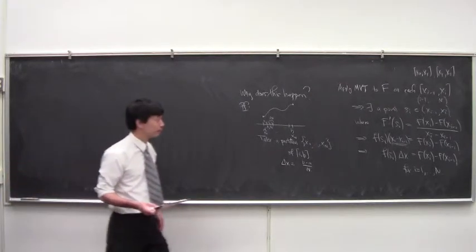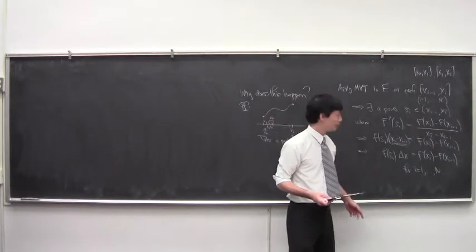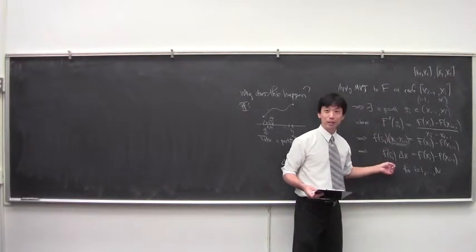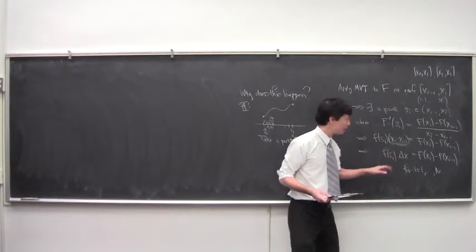Sharon: Why did you multiply by delta x? You'll see why in a second. I wonder if anyone can guess what I'm going to do next. Take a limit? Not yet. I will eventually take a limit, don't worry.